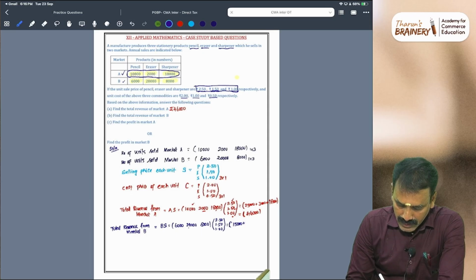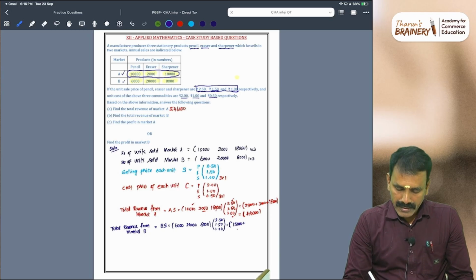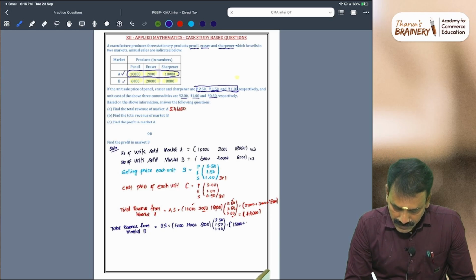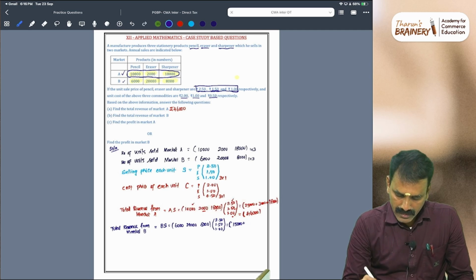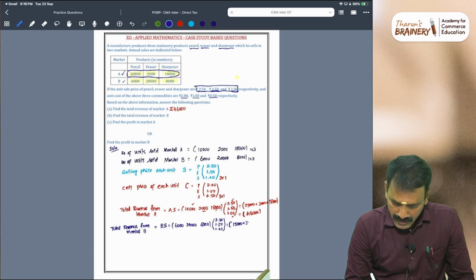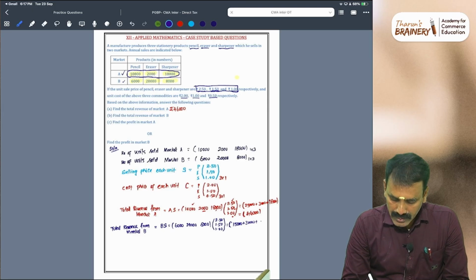plus 20,000 is going to be multiplied with 1 rupee 50 paise. Is it clear? So, 20,000 multiplied with 150, it is going to be 30,000. Plus 8,000 multiplied with 1 rupee. So, it is going to be 8,000.